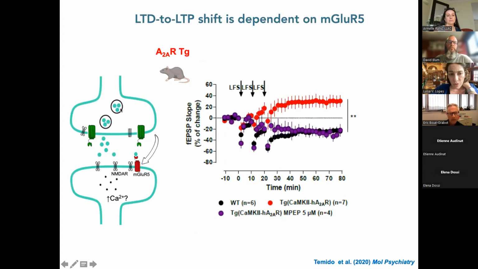Mainly our hypothesis is that maybe A2A receptors are inducing glutamate release, more glutamate release that is sensed by metabotropic glutamate receptors, that in turn would phosphorylate NMDA receptors. And what we did is that when we blocked mGluR5, you could really normalize this effect.